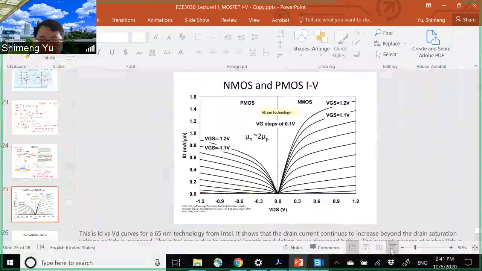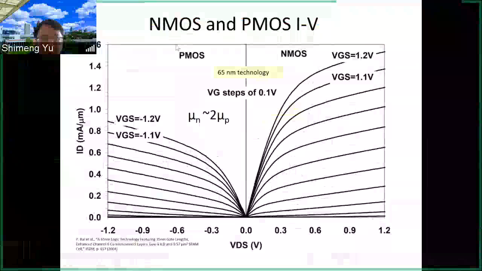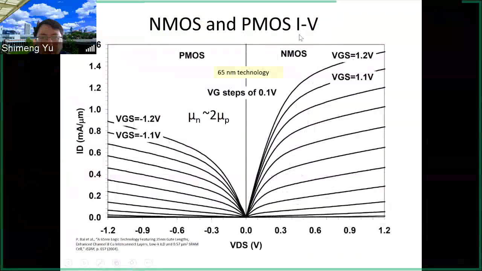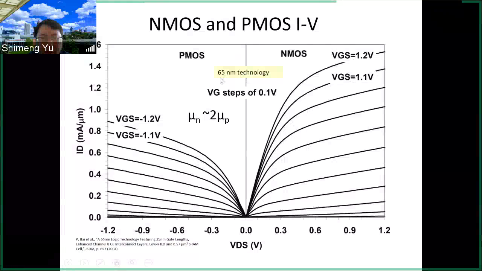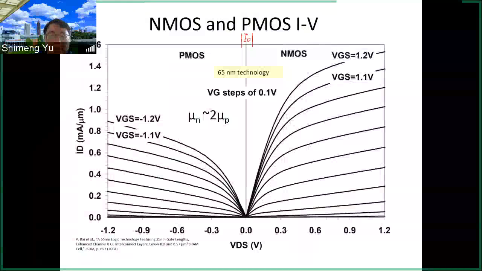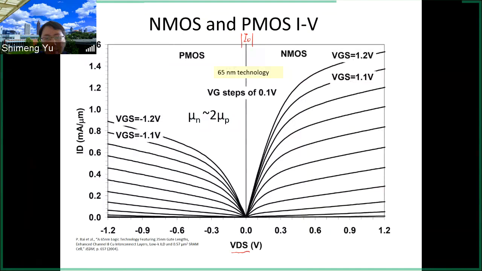Alright, then let's look at some of the practical IV curves measured from this 65 nanometer process from this paper. And this is, let's say, absolute value of ID versus the VDS. And VDS here we didn't take the absolute value.